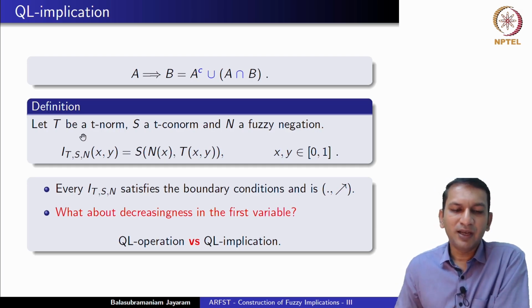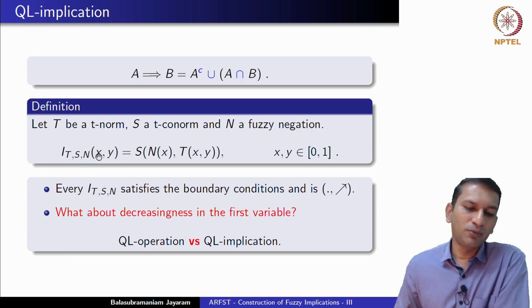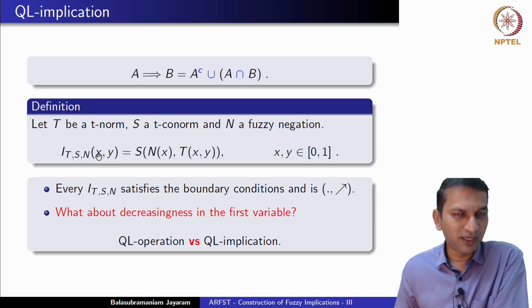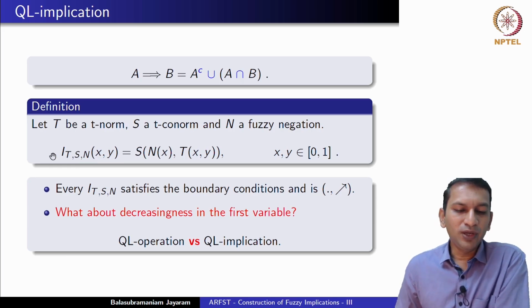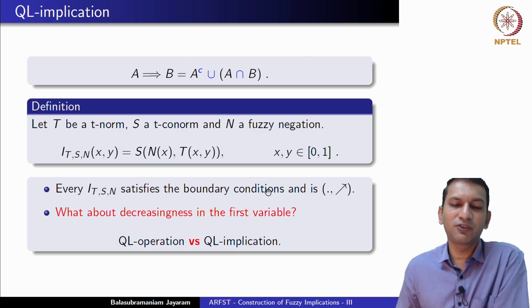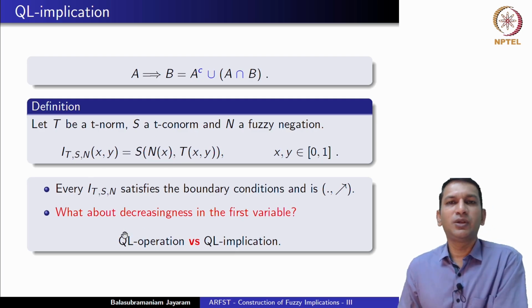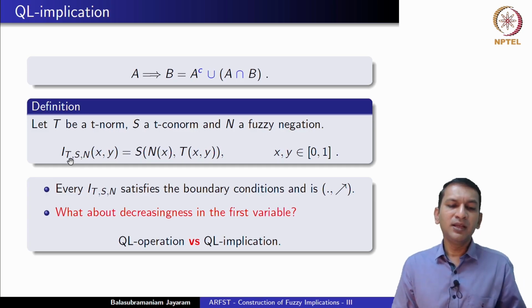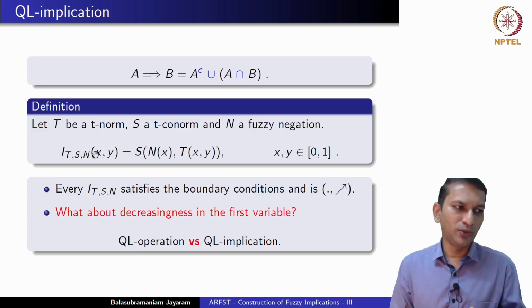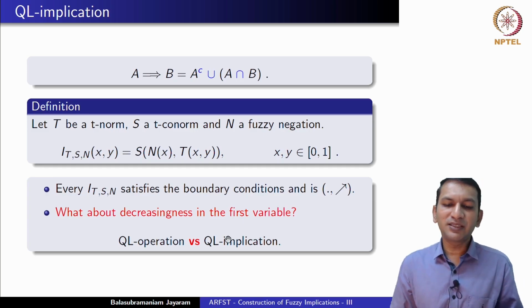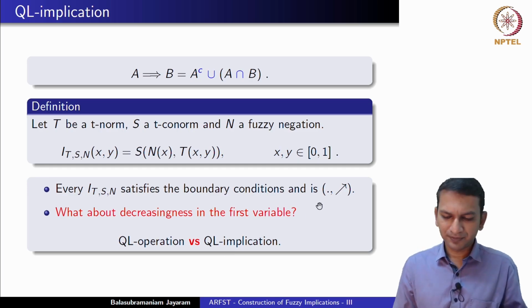If you obtain an implication using this formula, we will call it a QL implication. If you only obtain an operation which is increasing in the second variable and satisfies the boundary conditions of a fuzzy implication, but not the monotonicity, then we say it is only a QL operation. Essentially, this always ensures a QL operation, but what we are interested in is a QL implication.